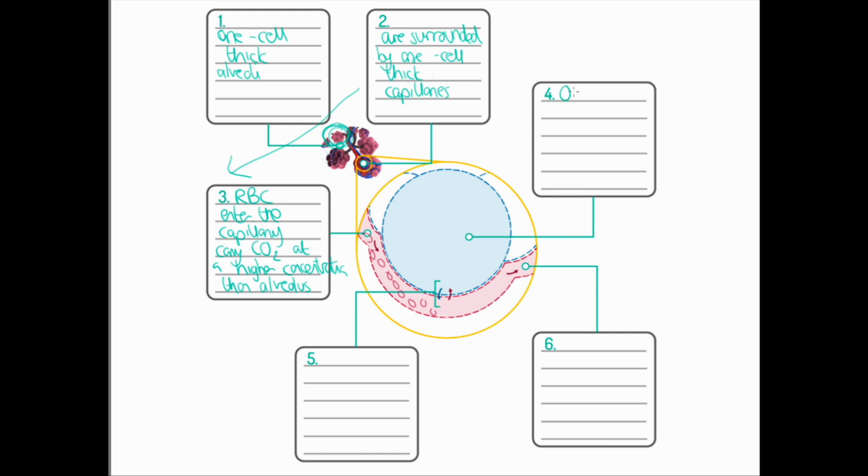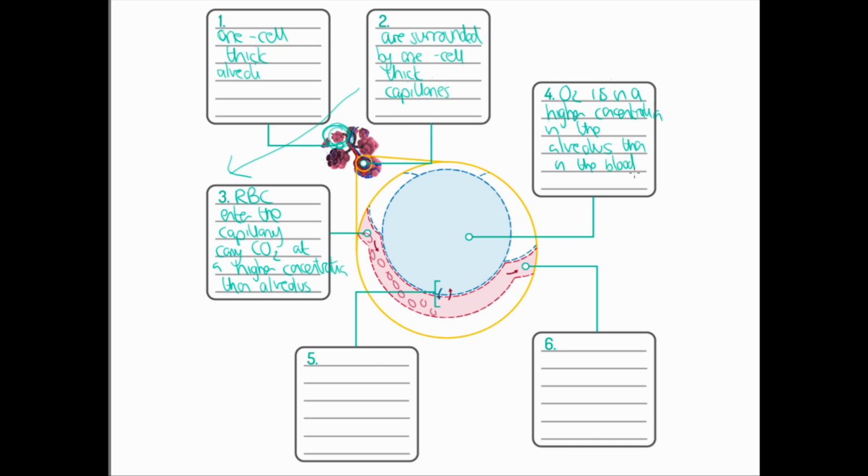So O2, oxygen, in our alveoli, or our alveolus, because there's just one, is in a higher concentration in the alveolus than in the blood.